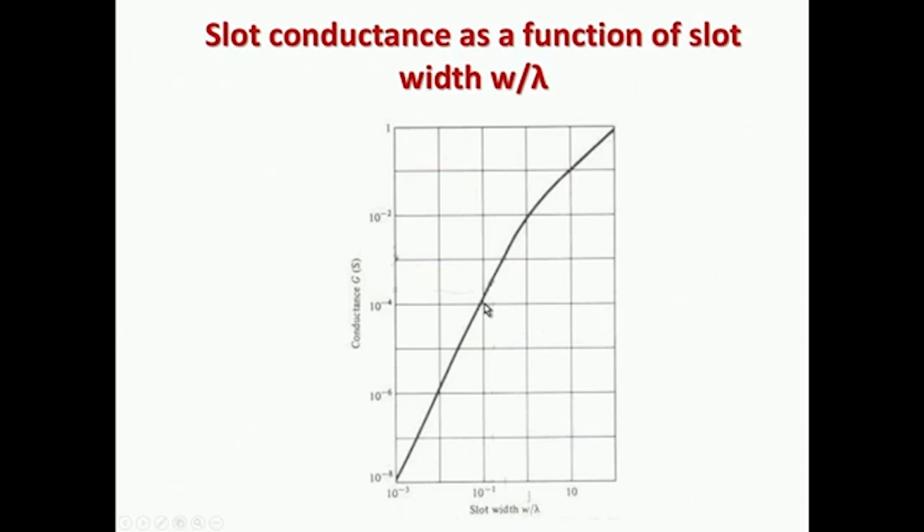Still, it shows that at small width we have sizable radiation, but if the width is quite large, then the radiation becomes quite poor.